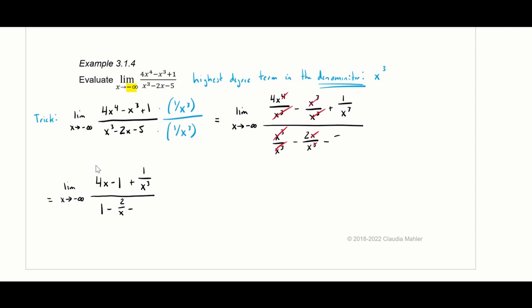Oops, sorry, this should be 5. Sorry about that. 5 divided by x cubed. We want to do it on all of our terms. And that's 2 over x squared, because only one of those x's is canceling here.